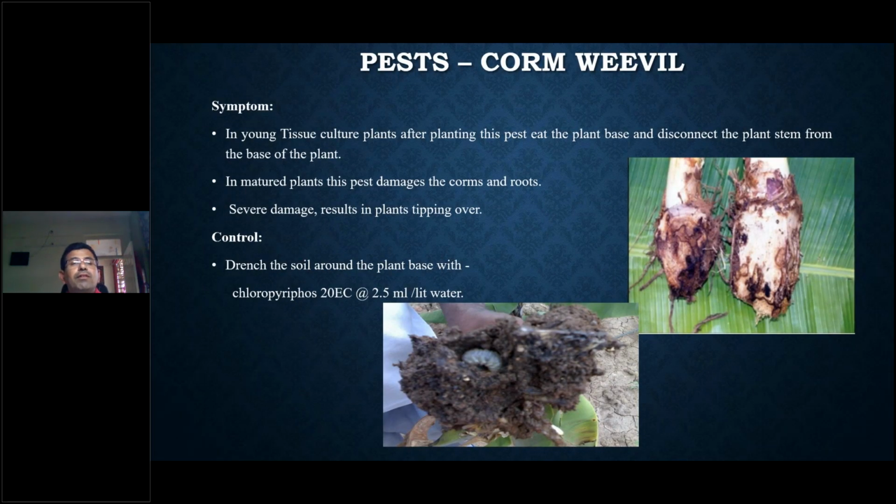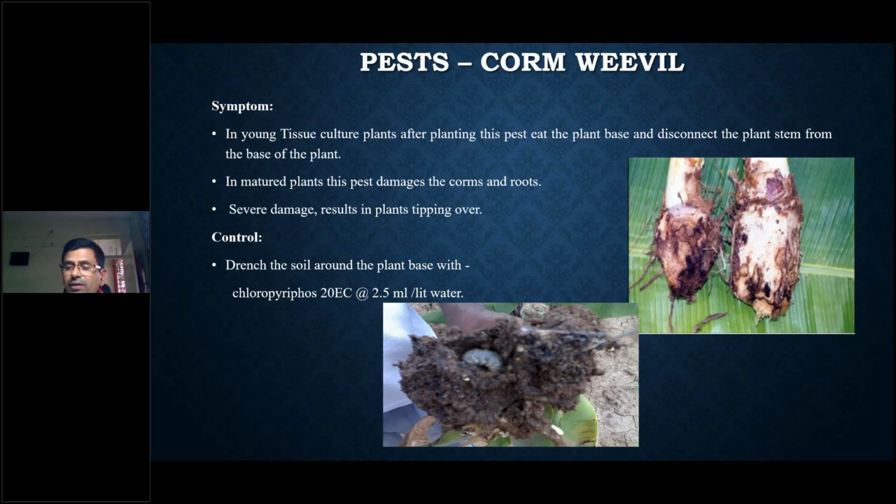Now the rhizome weevil, the symptom. When you plant young tissue culture plants, this pest eats the base of the plant and disconnects the plant from the stem at the base.